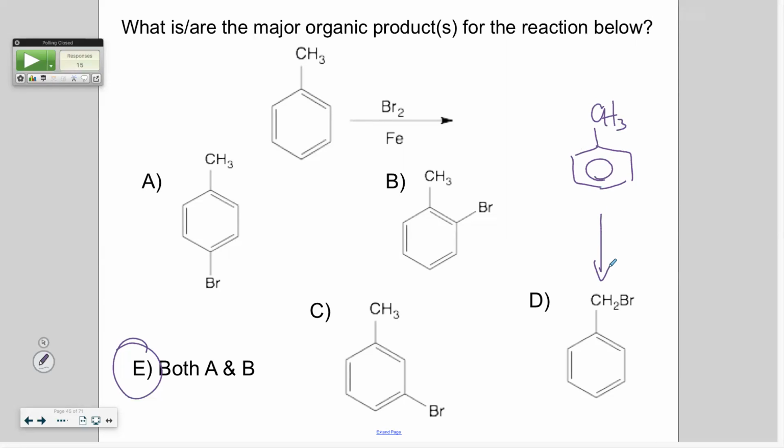Do you think I use HBr? No, there's no base there. Okay, so I'm going to use Br2, but instead of Fe, what am I going to use? Do you remember this? Free radical, because you'll have a benzylic free radical, which will be stabilized by the ring. Okay, so just a little sideline there. A little extra for today.